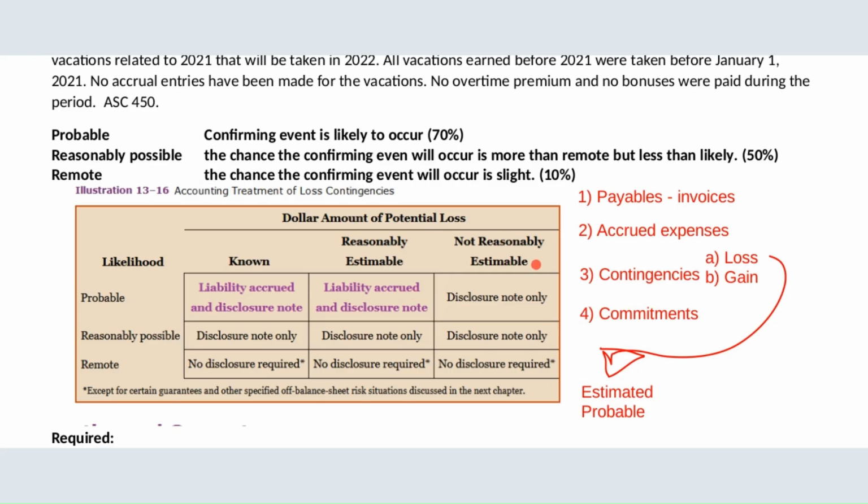If we're not able to estimate it, then it's just a disclosure. If it's reasonably possible, maybe around 50%, then we're just going to have a disclosure. If it's remote, we don't even need to disclose. So we need to know this.